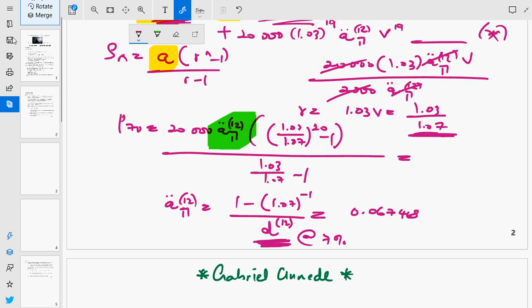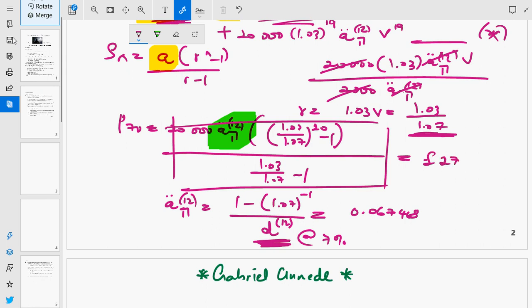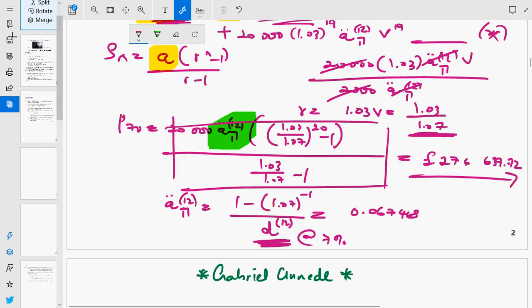So punching this whole thing in your calculator, you're going to get the price of the annuity to be 276,639.72 pence. So that was your price.